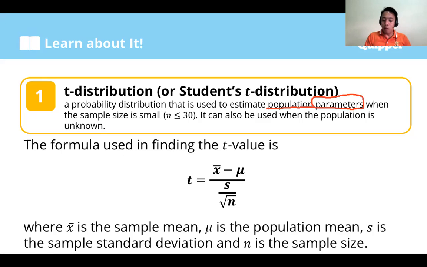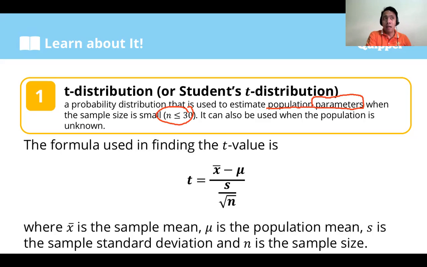So we estimate population parameters when the sample size is small. How small is our number of data? Our number of data must be less than or equal to 30. See that one? Less than or equal to 30, so 30 and below.